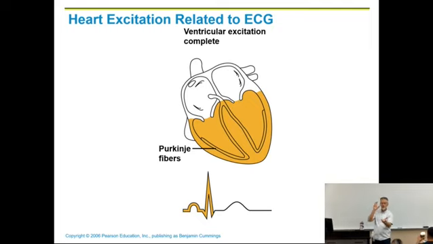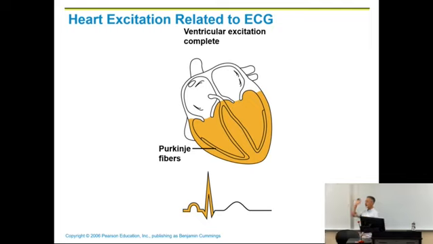Because remember, between the atria and the ventricles, they're doing opposite things at different times, right? When the atria are contracting, the ventricles are relaxing, and now when the ventricles are contracting, the atria are relaxing and filling again, okay? So during the QRS wave, we have atrial repolarization occurring, and then we have ventricular depolarization.